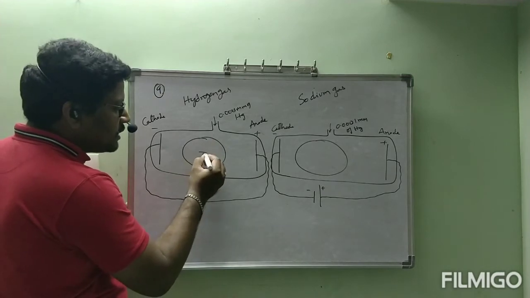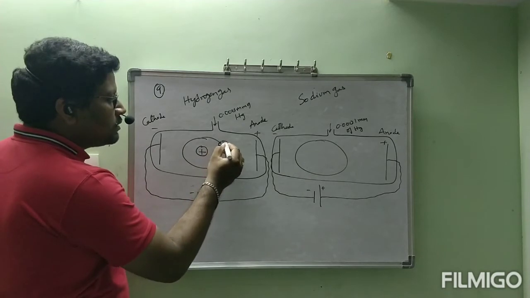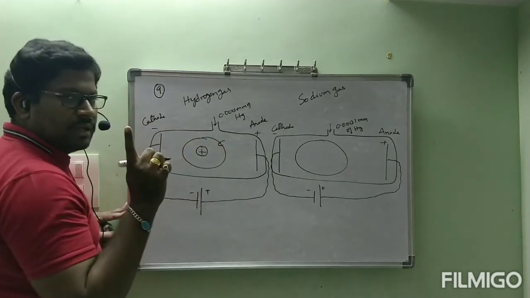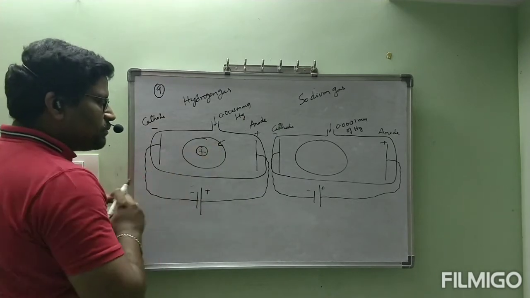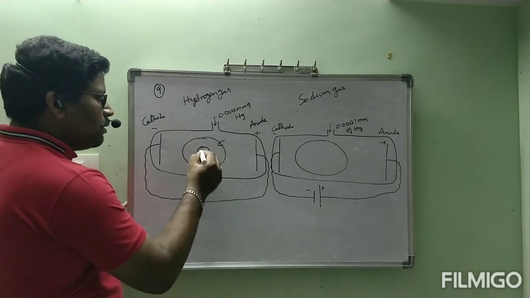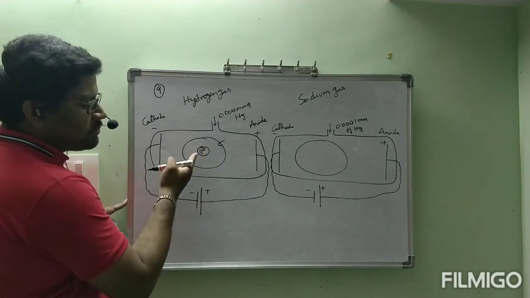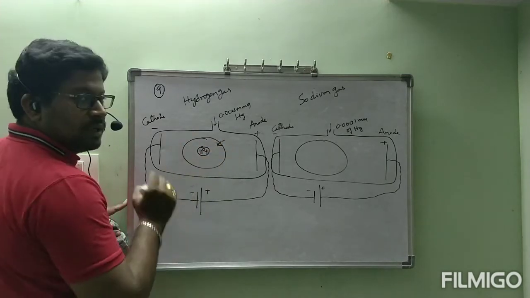This hydrogen atom contains positive charge at the center and only one electron. This positive charge is because of one proton, and one electron is present like this.